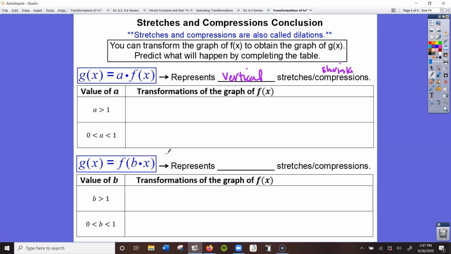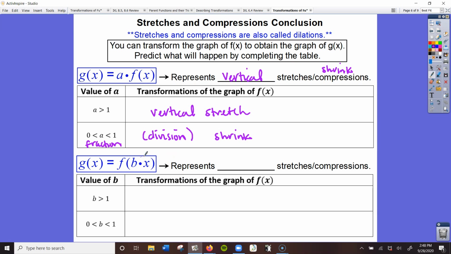When you multiply a number, it will get bigger. So this is an example of a vertical stretch. Whereas if a was in between 0 and 1, meaning a fraction, remember, fractions indicate that you will be dividing. So if you're dividing a number, it's going to get smaller. So this would be a vertical shrink.